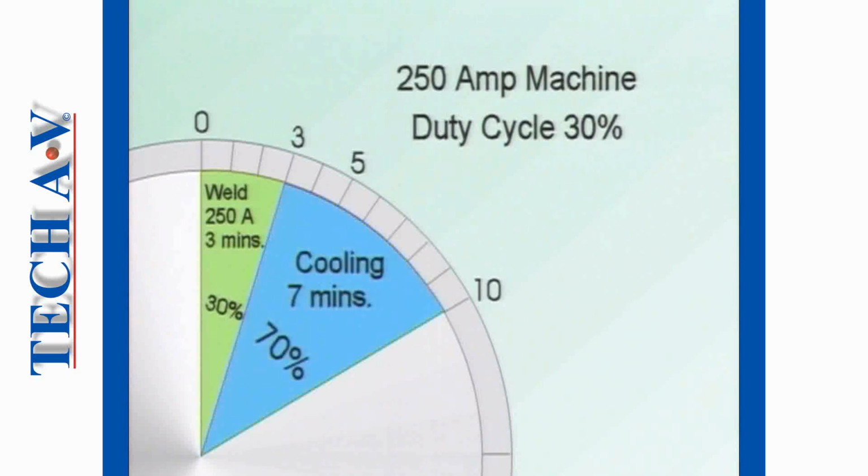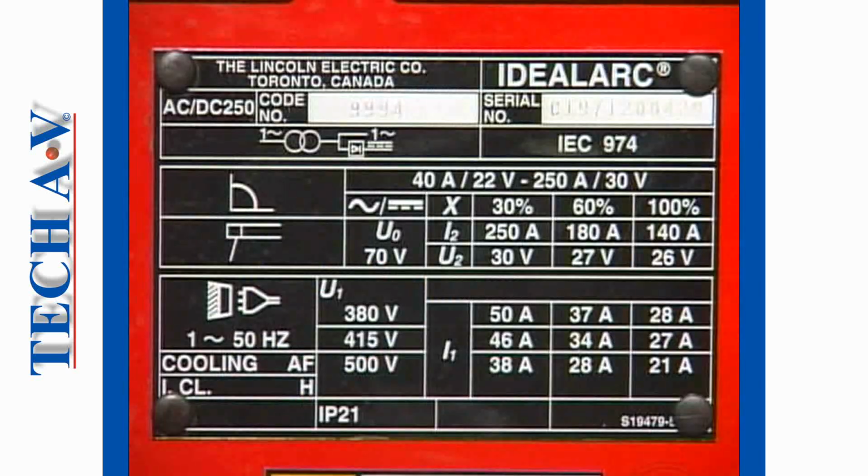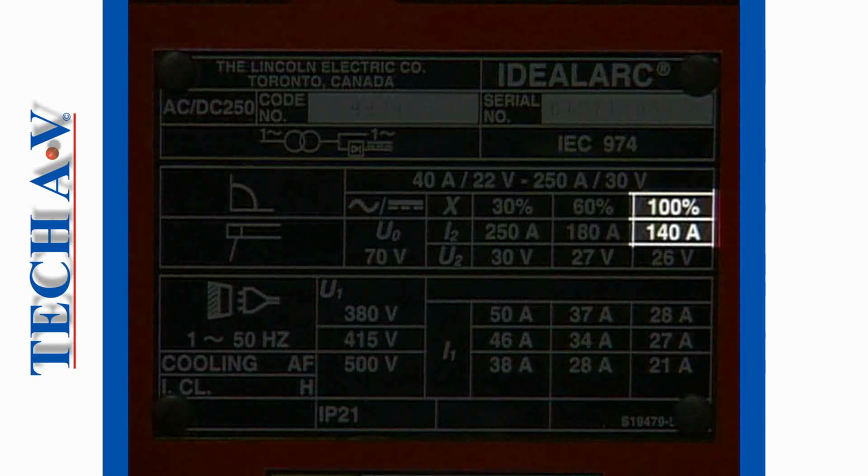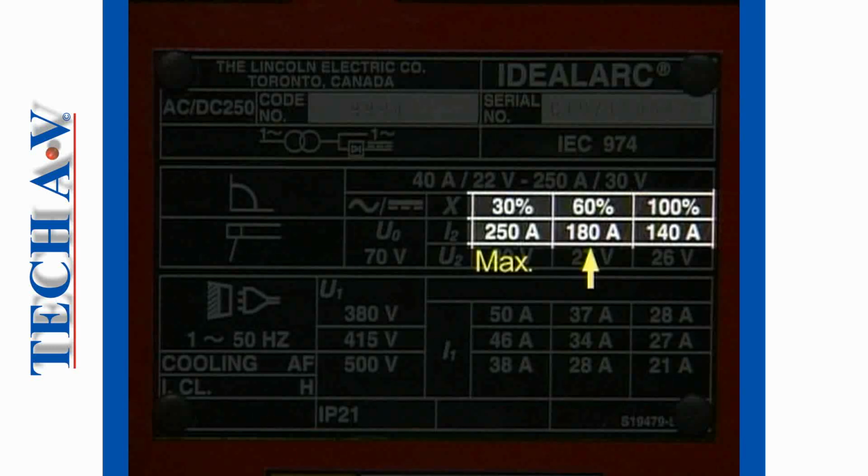It must then be allowed 7 minutes of cooling time or idling before it can be operated for another 3 minutes, and so on. If, however, the machine were to be operated at 140 amps, then its duty cycle is 100%, or continuous. Operating a machine below its maximum output extends the duty cycle. In other words, it can be operated for longer periods between rests.